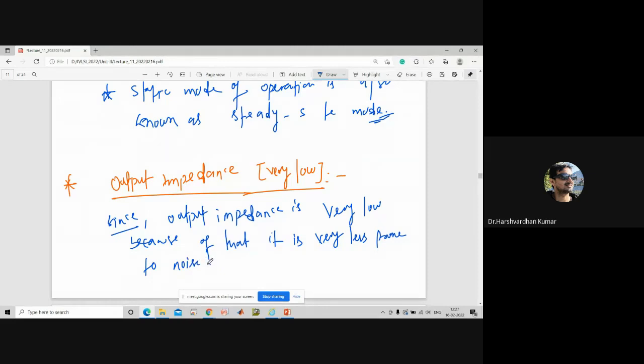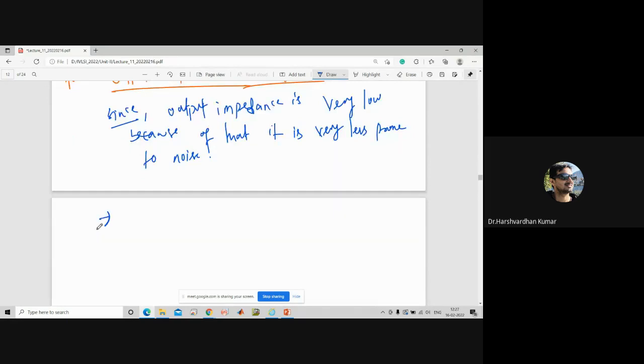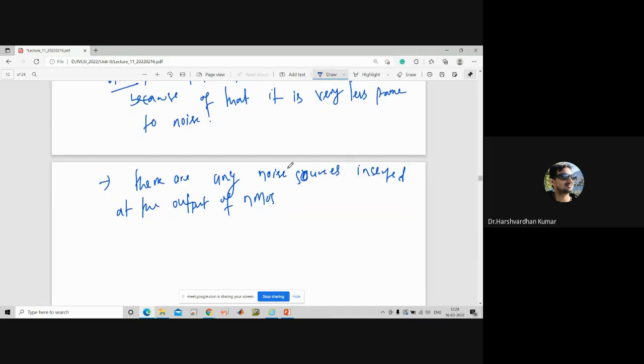Which means that if there are any noise sources inserted at the output of the NMOS, it could easily be rejected, and we have a noise-free environment.